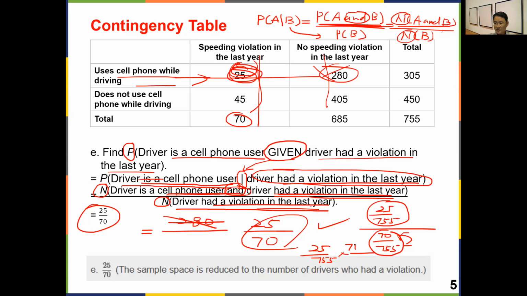So 755 goes on the top and 70 goes on the bottom, and these two cancel out, and you end up getting the same answer, which is 25 out of 70, just like that. But if this fraction over fraction kind of bothers you, then you don't need to go this way. You can just use this total number, and that will give you the exact same solution.